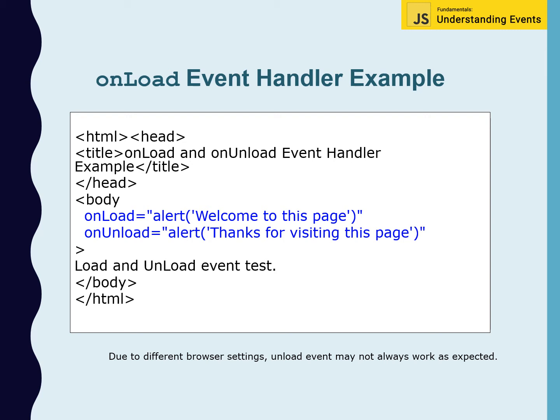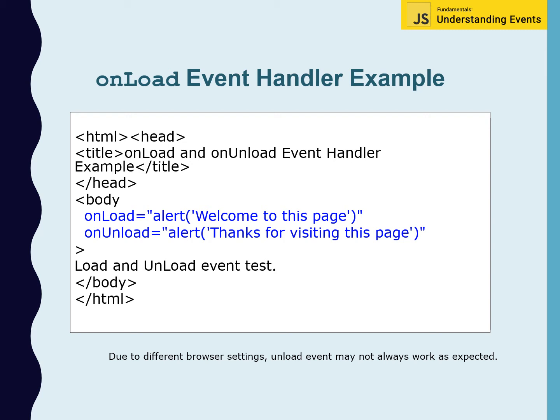Now we can see the onload event handler. We can see the illustration of onload and onunload. So just move to the top. Here an HTML tag is there, followed by head tag, followed by title tag. Inside the title it is mentioned as onload and onunload event handler example.